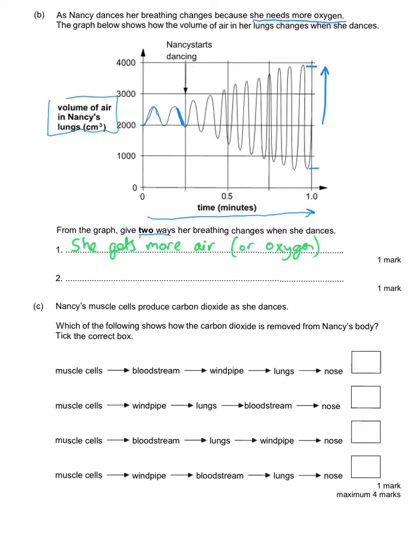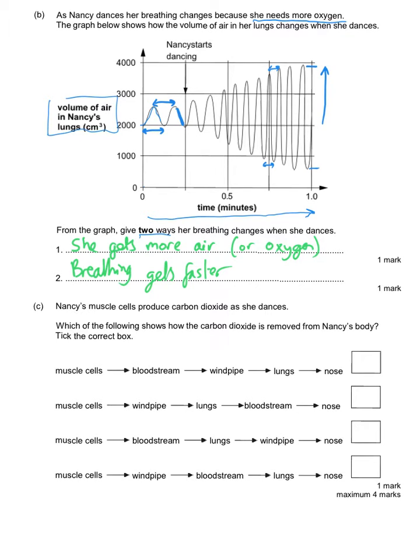Or you could just say that she's taken in a greater volume of air, or she's breathing more air out. Now also, I don't know if you noticed this, but at the beginning, the peaks and the troughs are further apart, and what that means is she's breathing more slowly, whereas when we get over here the peaks are a lot more bunched up, and that means that her breathing is getting faster, and that's what I would put next, that her breathing gets faster, or breathing speeds up, or she takes more breaths or something like that.